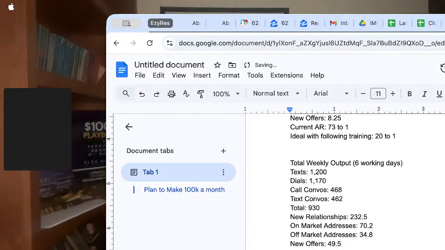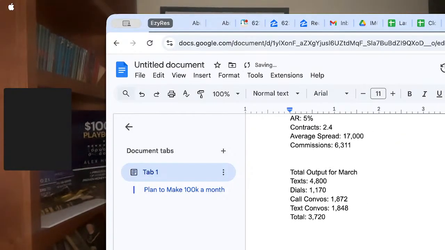I gotta put calm in there as my OCD. What am I doing? Text convos 462 times 4, 1848. And then total would be 1848 plus 1872, 3720.